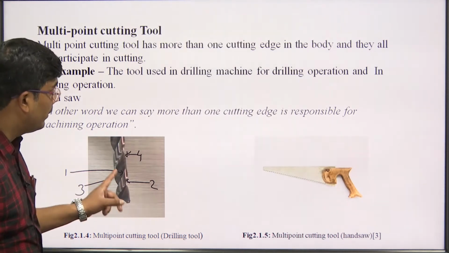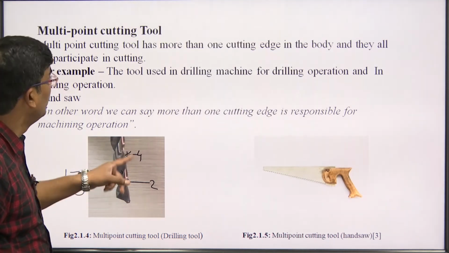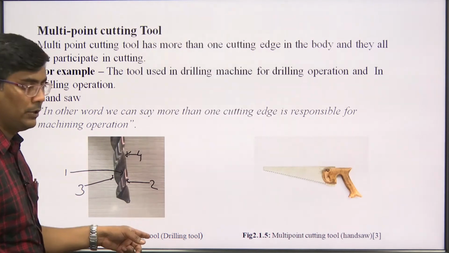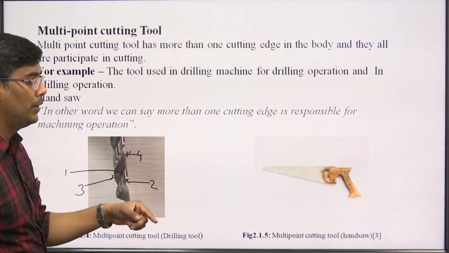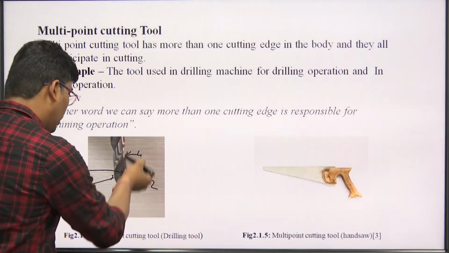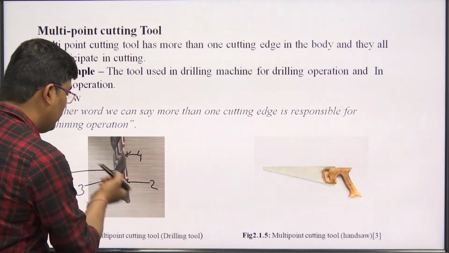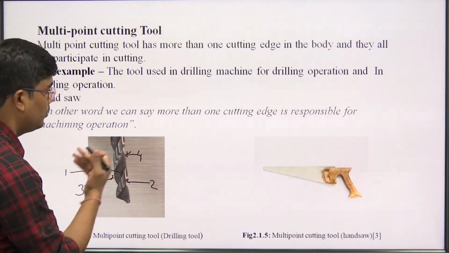So there is more than one cutting edge, it is known as a multiple point cutting tool, and they all participate during machining. When you do drilling, you feed the whole tool, and all the cutting edges of the tool are responsible for cutting.